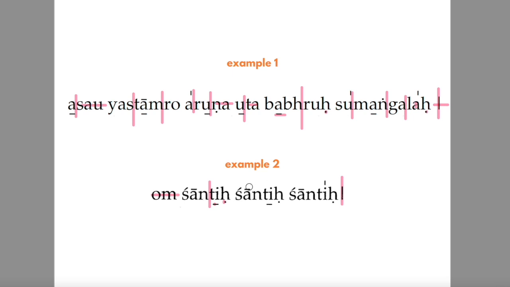Next one again is repetitive. We have Shantish, because it looks at the preceding sound. So we have Om Shantish, Shantish, Shan. Now the T is going high.